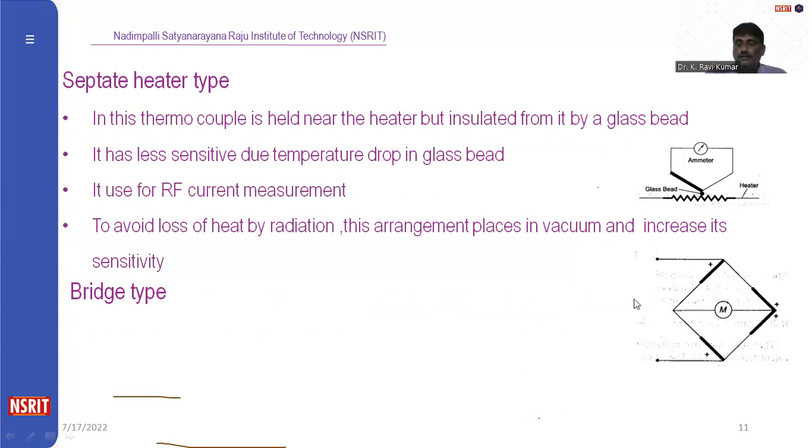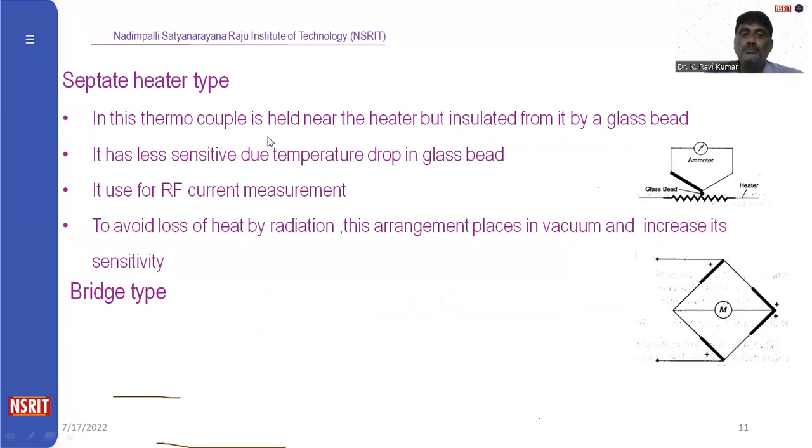Here we are using a glass bead in between the thermocouple and the heater element. Whenever you apply the current through this heater element, it heats up and EMF will be produced. That heat goes through the glass bead to the thermocouple. Here we are using an insulator, so some of the heat will be lost.